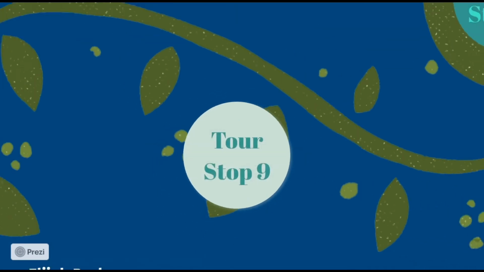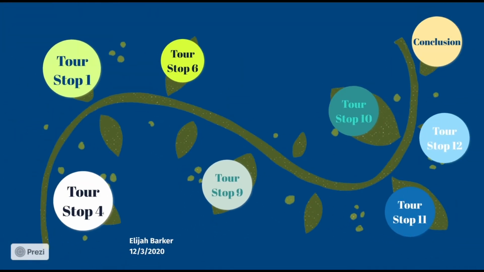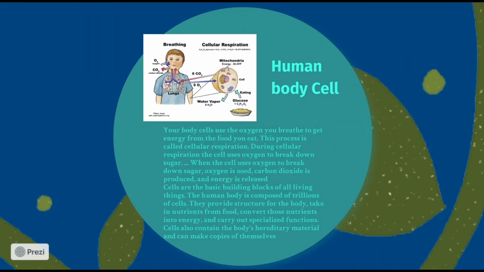On to our next tour stop, we have human body cells. Your body cells use oxygen you breathe to get energy from the food you eat. This process is called cellular respiration. During cellular respiration, the cells use oxygen to break down sugar. When the cell uses oxygen to break down sugar, oxygen is used, carbon dioxide is produced, and energy is released.